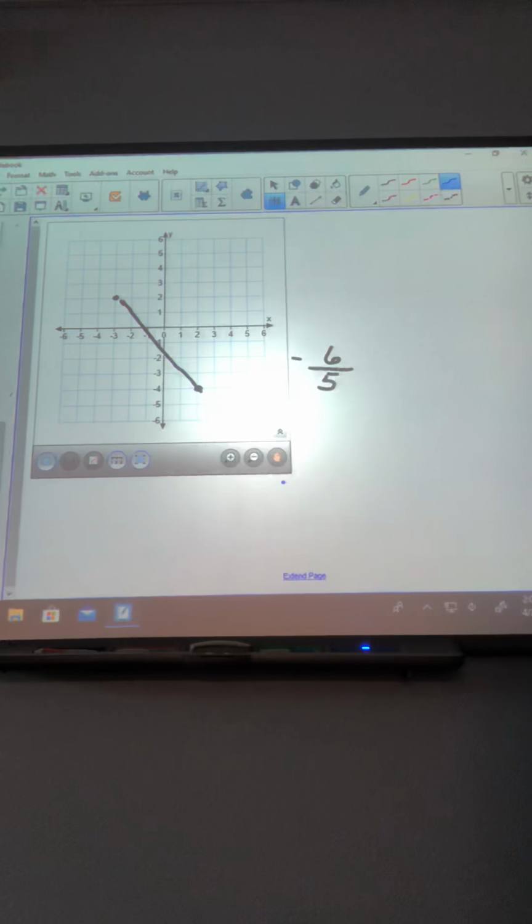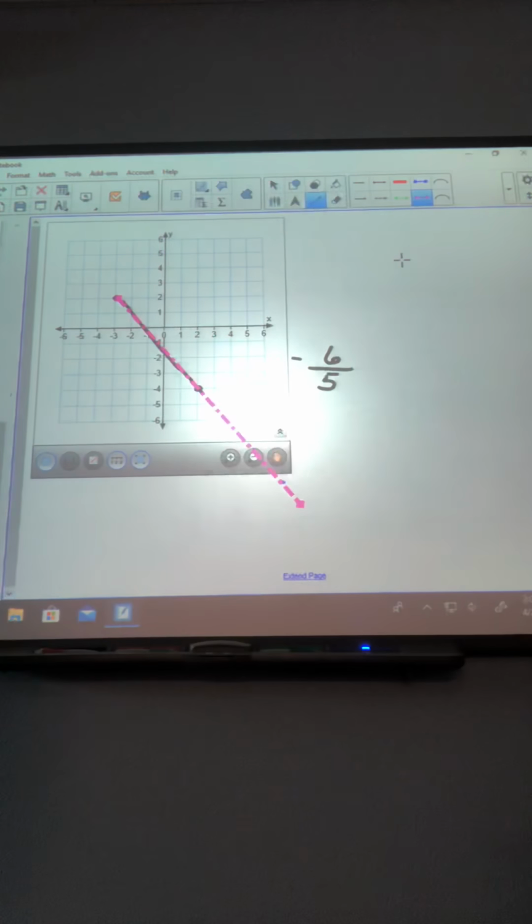Your graph paper probably is going to have limitless space, so you would have a better chance of making a nicer line than what I'm having. So you can kind of see that I guessed pretty good. That's right in line. Again, you can see that the line is falling, so it is negative. And that is how you find slope with points on a line.